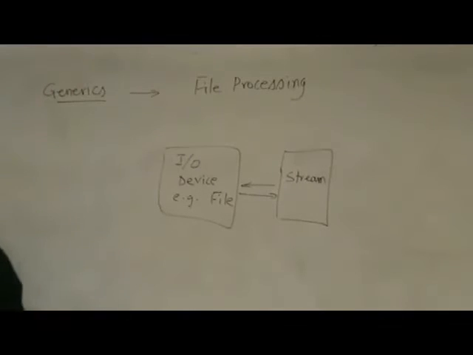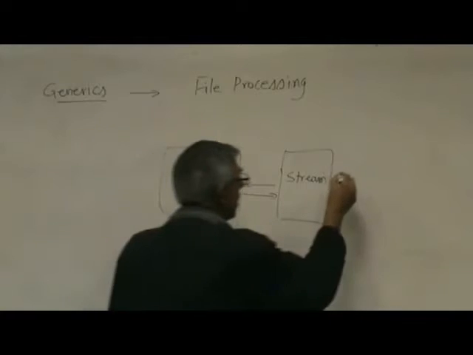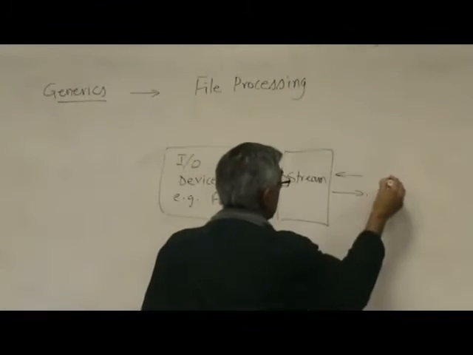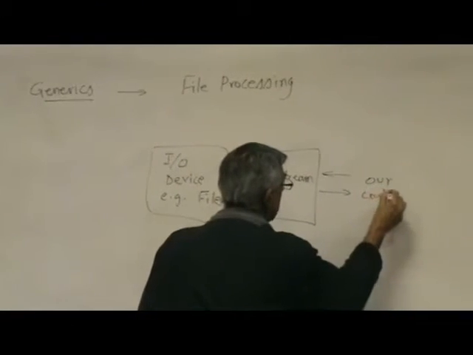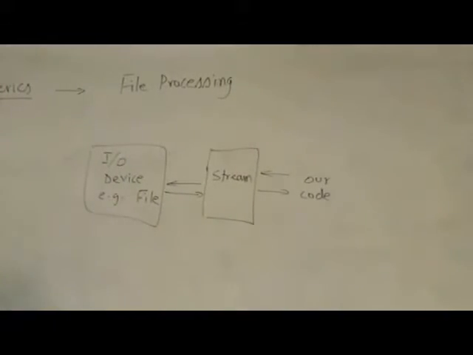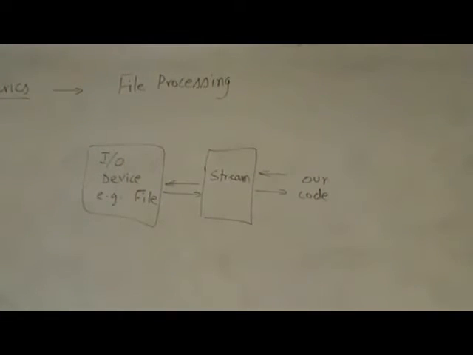First we associate a stream with a file or a network socket or any other input-output medium. Once we have associated the stream, then our code simply reads or writes using the stream object.